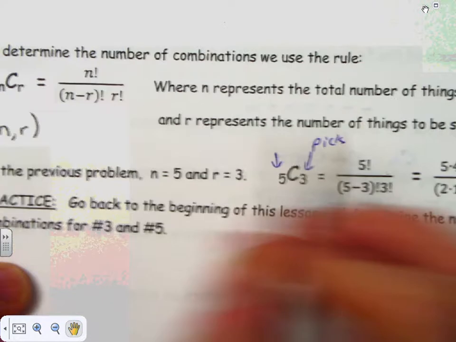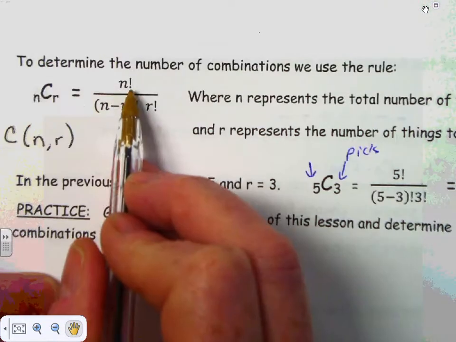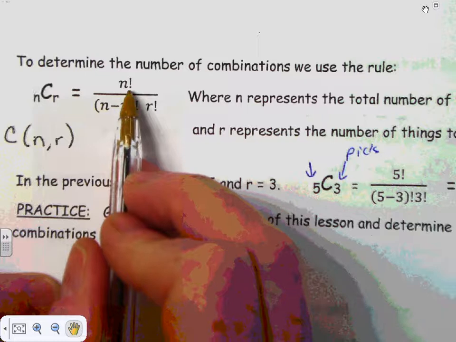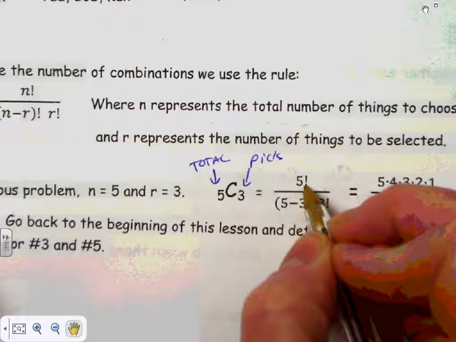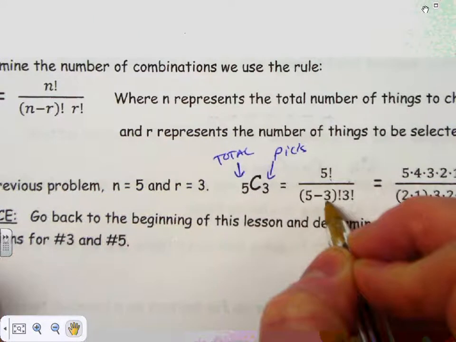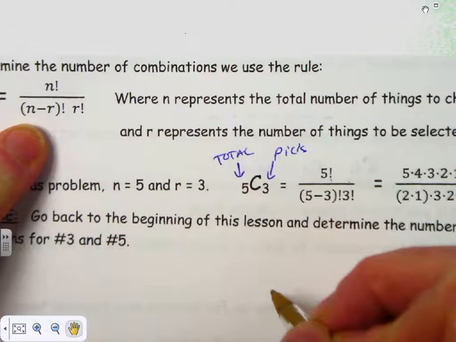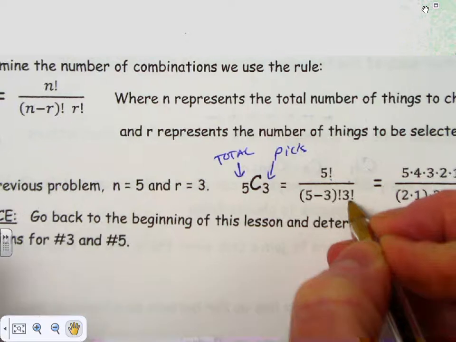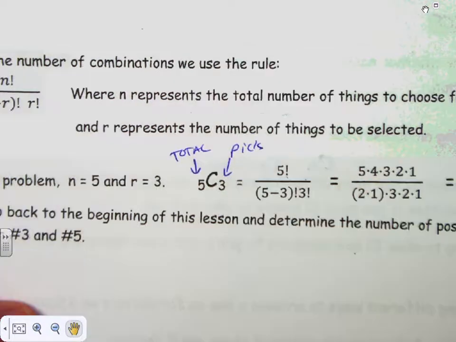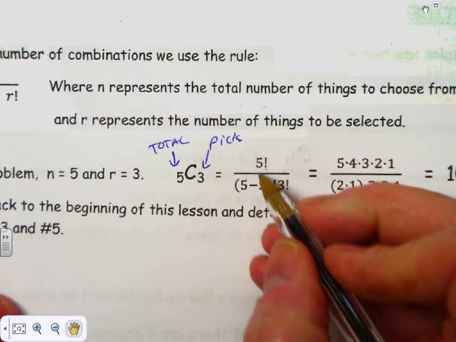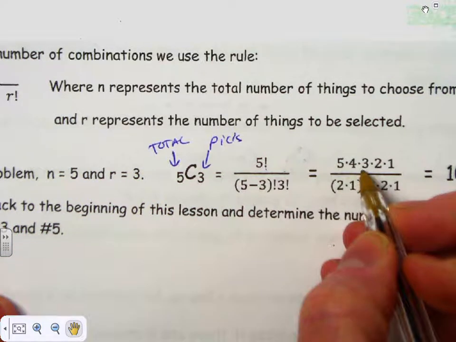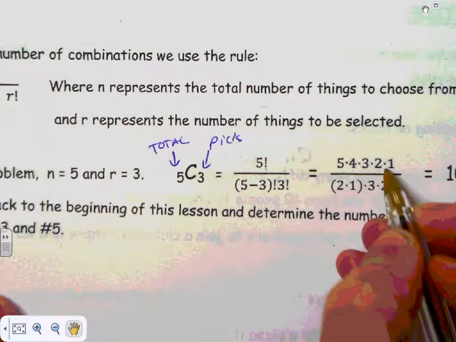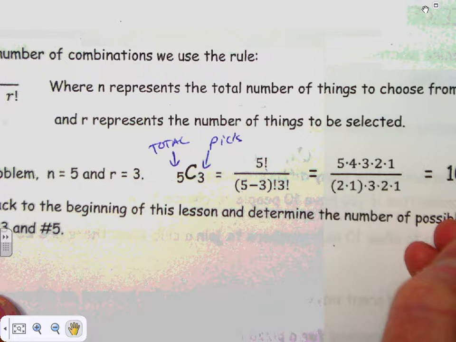And the formula says the total number factorial, so 5 factorial, and then 5 take away 3, which is your total number minus your choices, times your choices, and they're all factorial. Now, the factorial means this. You have a 5. You have to multiply it by a 4, a 3, a 2, a 1. That's what a factorial does.